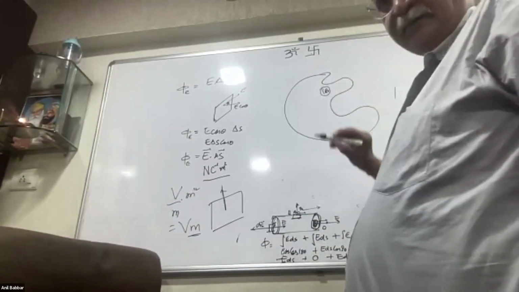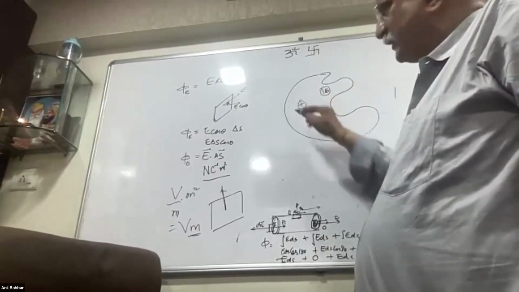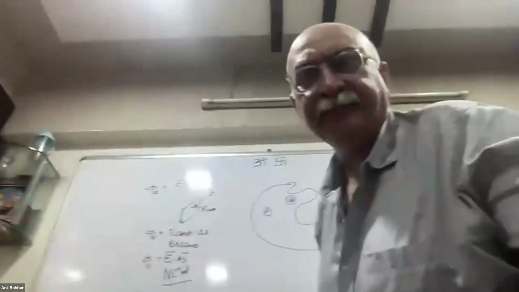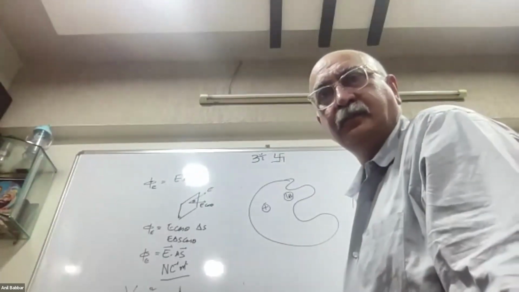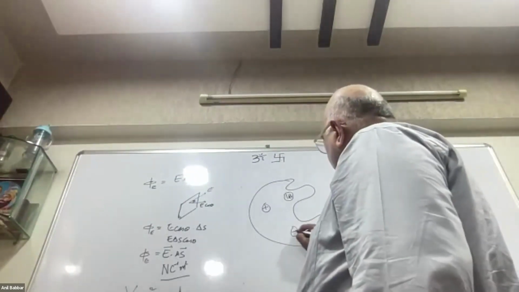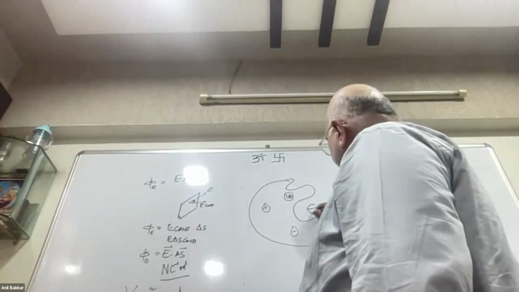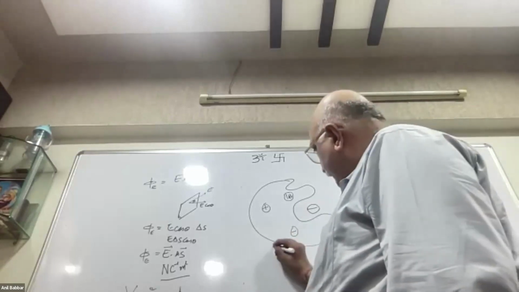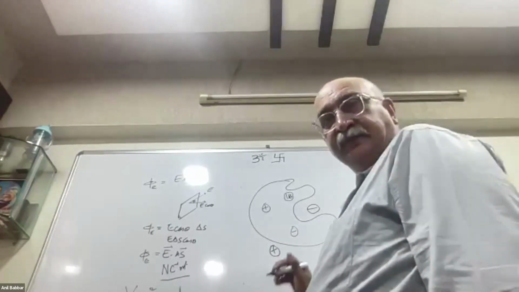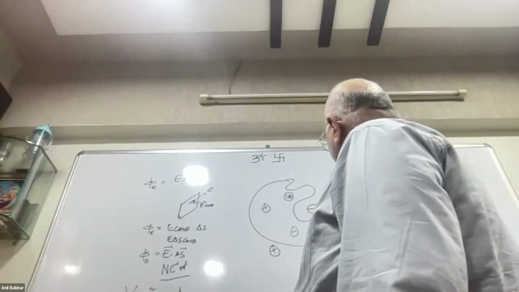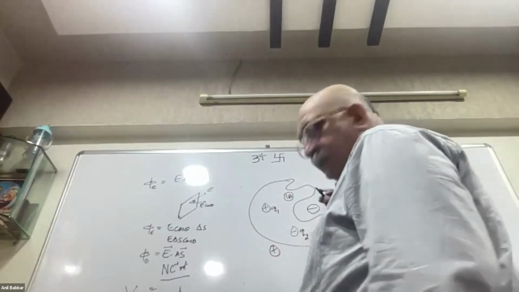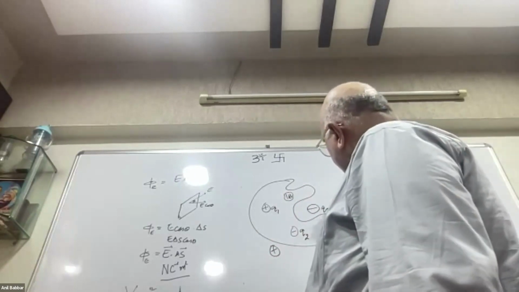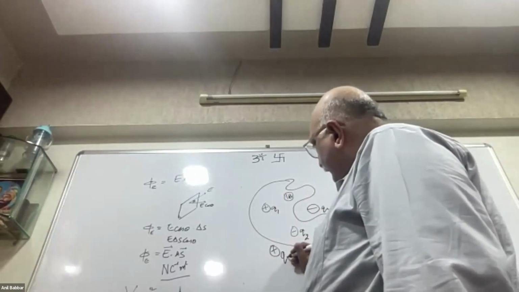There is one positive charge, another is negative, then this is positive, again negative. This is Q1, Q2, Q3, Q4, and Q5. Now there are 4-5 charges given to us.